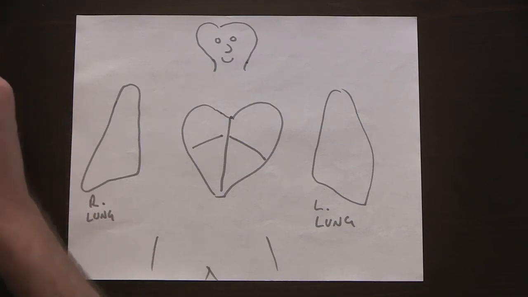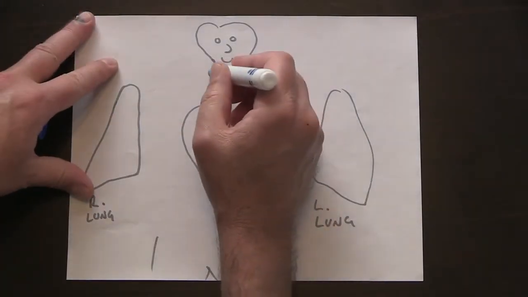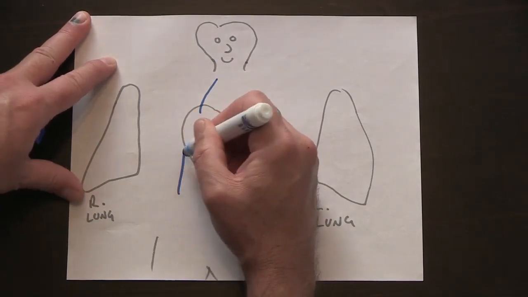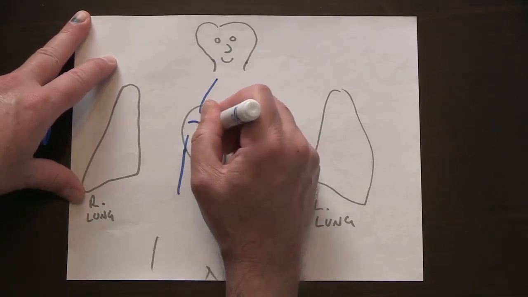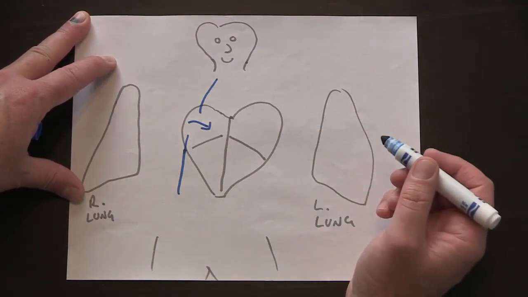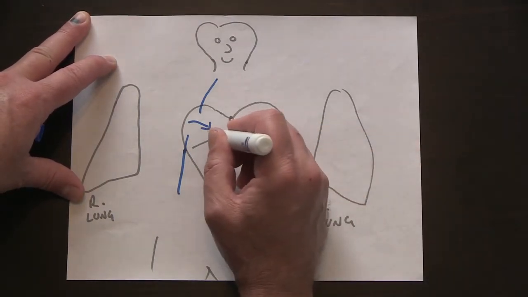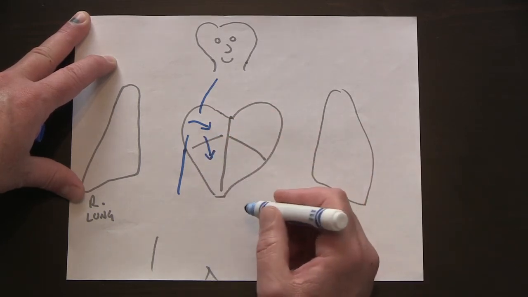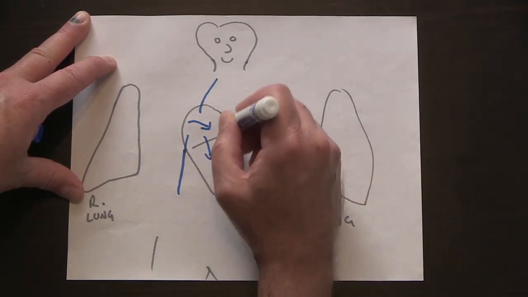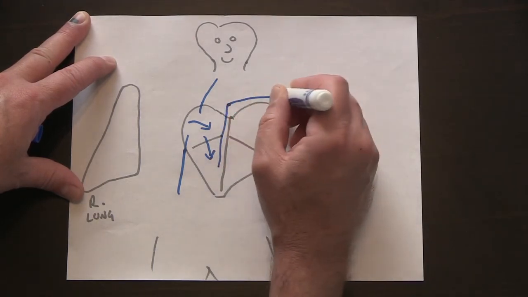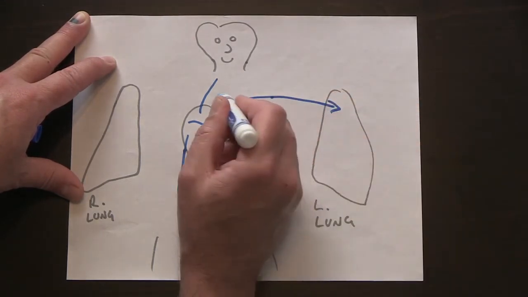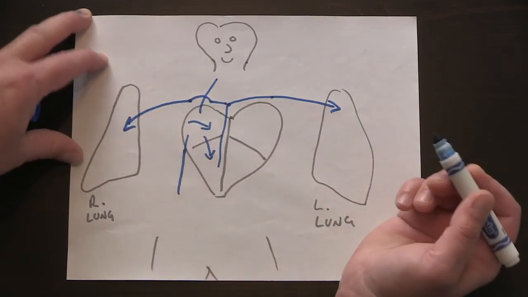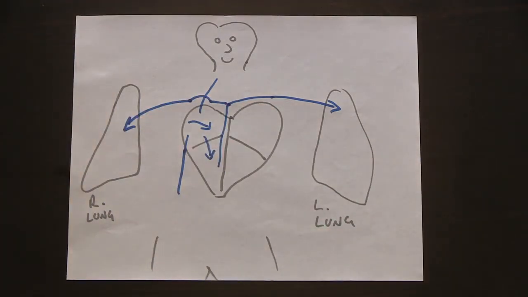So deoxygenated blood comes in from the body, either from the head or from the lower part of the body, and comes in through the right atrium. Then it goes into the right ventricle, and then it leaves the heart and goes out to the left lung, or let's hop over there to the right lung, right?